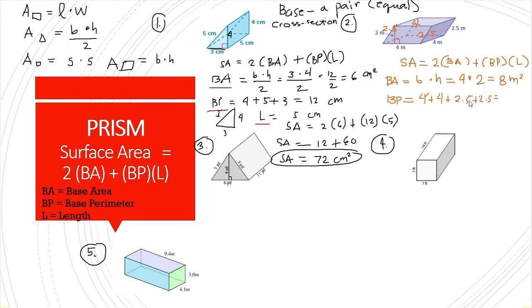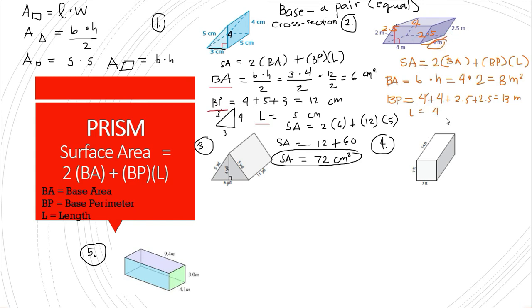So we have here 2.5 plus 2.5 is actually 5, plus 4, 9, plus 4, 13. So 13 meters. Now, what's the length? What's our L? L is how long our figure is. It's 4.